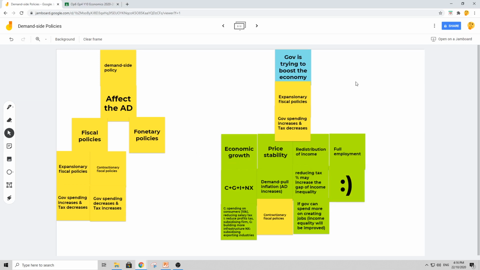So look, before we finish the lesson, take a look at this mind map. This is the kind of logic you need in order to have a good understanding of this entire unit. That's why I told you many times, macroeconomics is not comprised of different chapters.